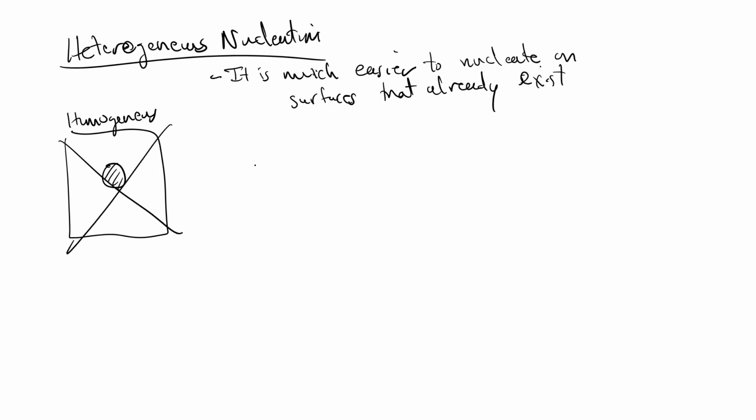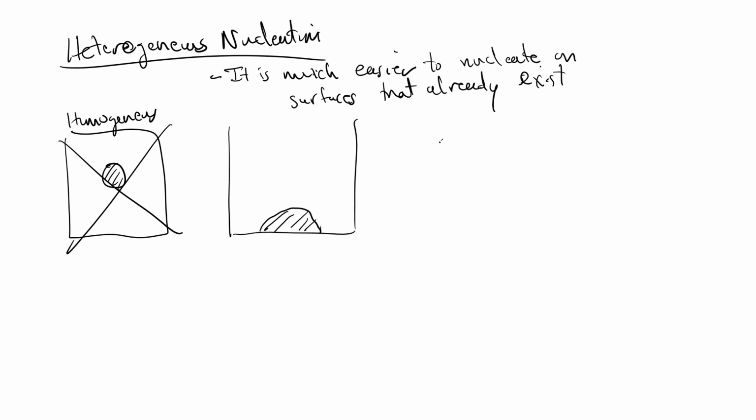What normally happens is this: things nucleate on a surface that's already there. And you can see here that the surface area term is much reduced, right? The surface area of the one on the right is not as great as the one on the left.